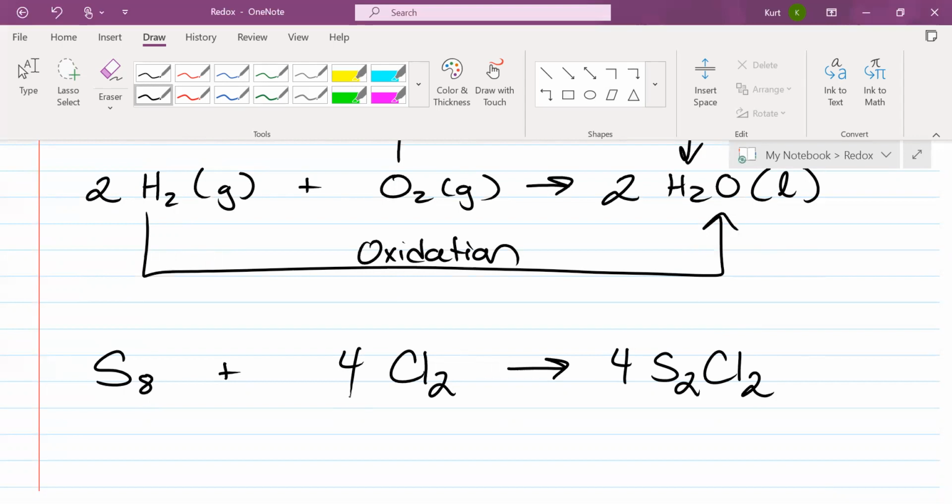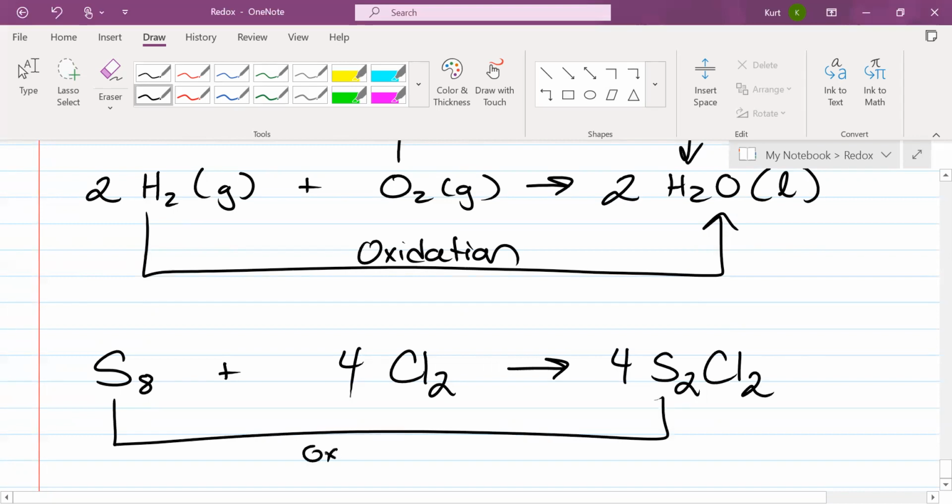Double check to make sure. Just look at the two values. Okay, good. So which one is being oxidized? Sulfur is being oxidized, and chlorine is being reduced. So this whole strategy is to help you just identify what's being oxidized and what's being reduced.